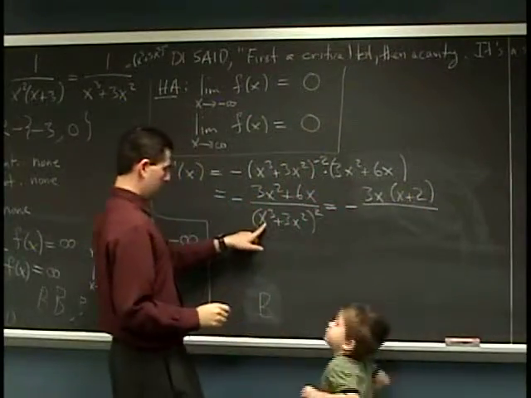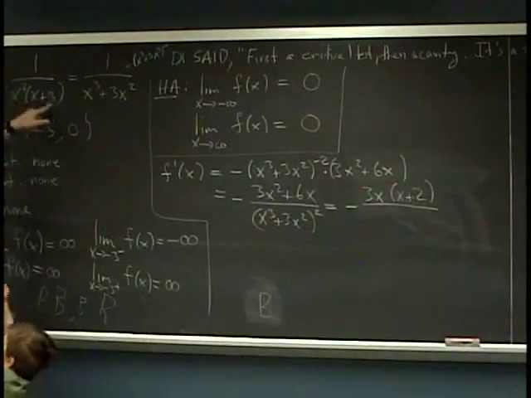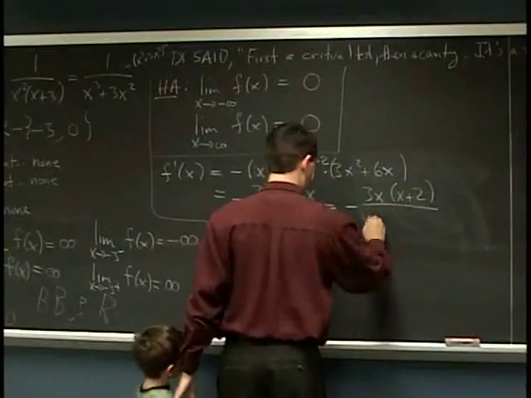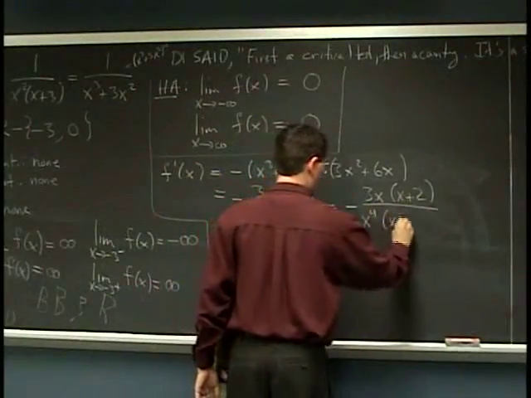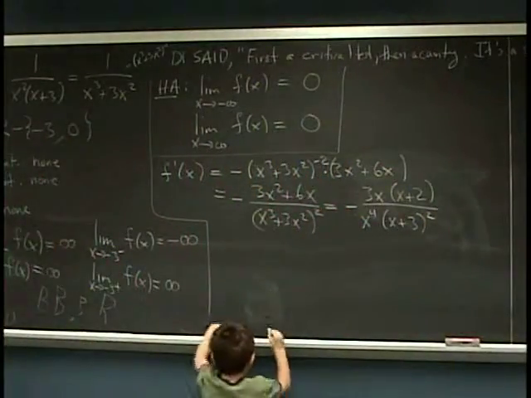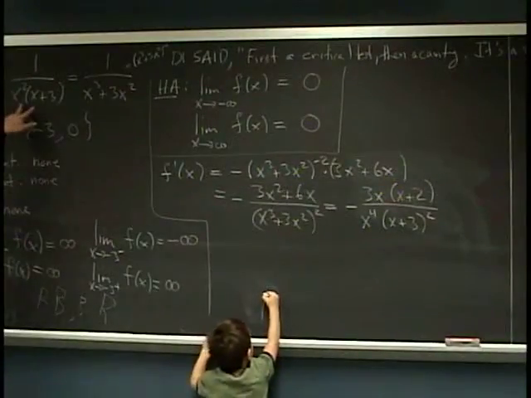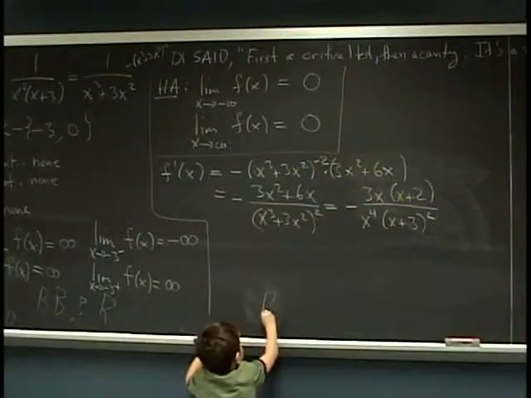And on the bottom, I already know how this factors. It's x squared times x plus 3, and I just square it. But now I have to square everything, so it becomes x to the 4th times x plus 3 squared.